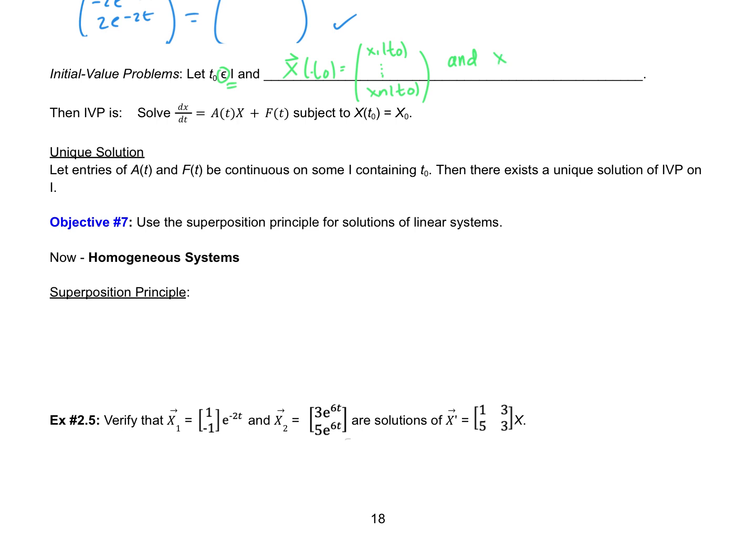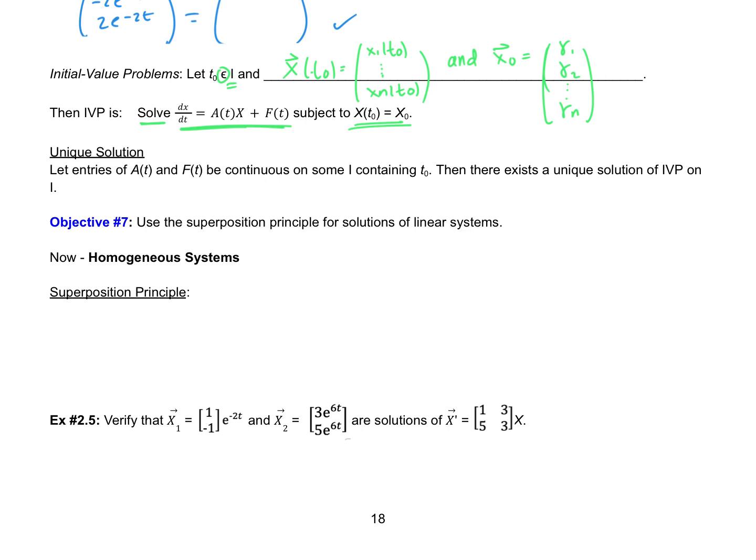And we have x naught is some column matrix of constants: lambda 1, lambda 2, all the way to lambda n. Then the initial value problem is to solve the equation subject to the initial condition. So that shouldn't be shocking. That is very similar to the initial value problems that we've seen before, just written in matrix form.